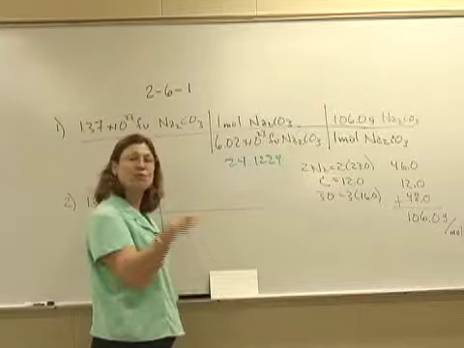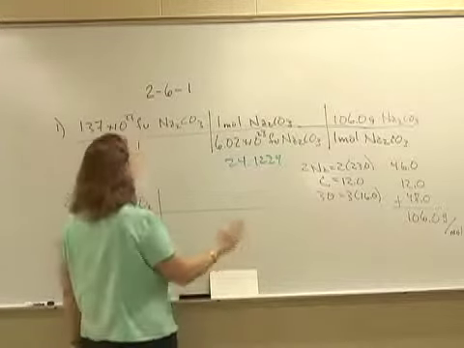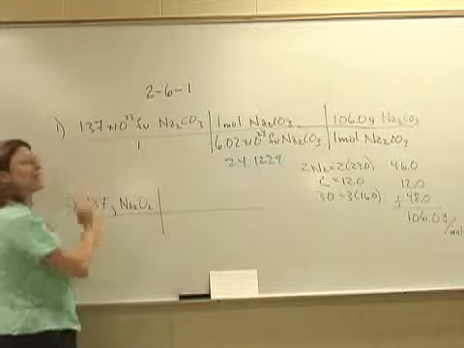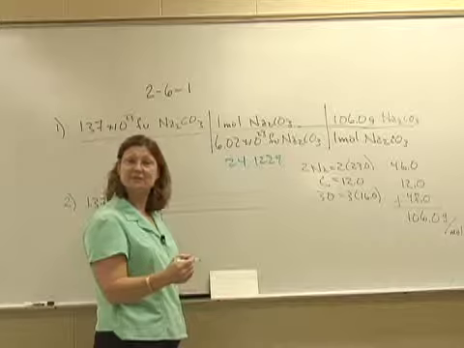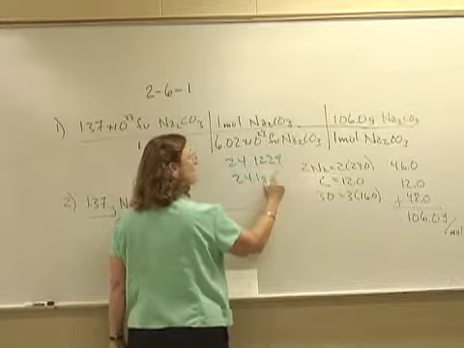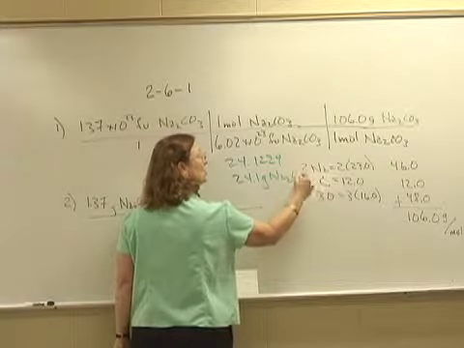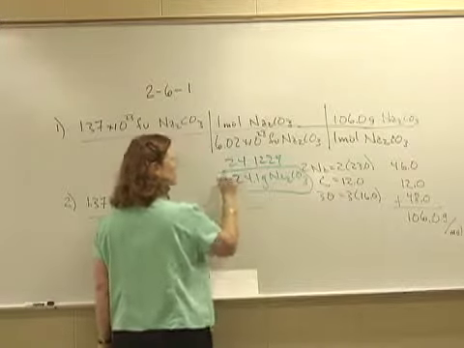We take numbers 4 places after the decimal and cut it off or truncate. Then I look back at my original number and I have 3 significant digits. Therefore, I want 3 significant digits in my answer. And my answer will be 24.1 grams of sodium carbonate. That is my answer to number 1.